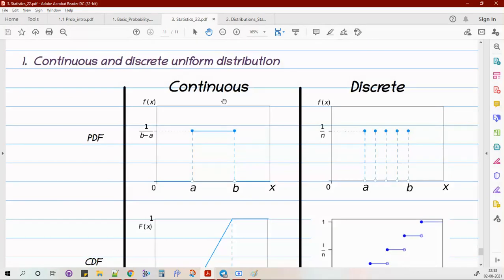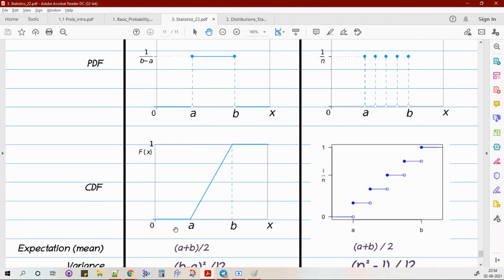In case of continuous uniform distribution, the CDF will look something like this, right? So we are adding up small areas, this 1 by (b minus a) area, then 2 times that area, then 3 times, like that. It will all sum up to 1 at b.